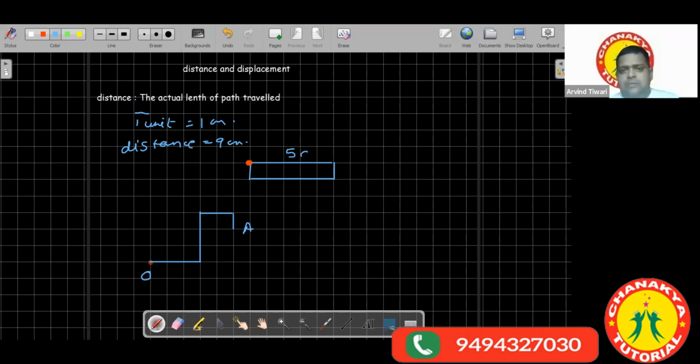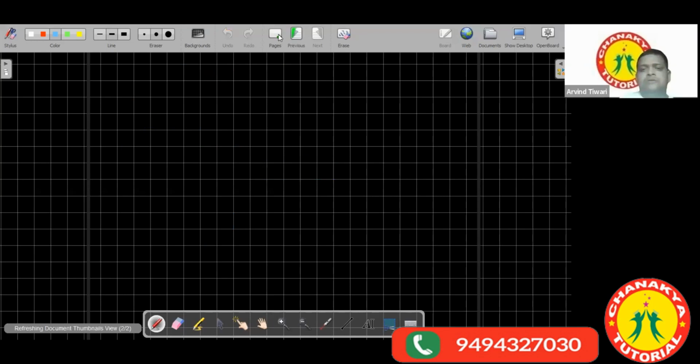We can have a similar example. So let's have another. Suppose I am traveling on a number line. Let's say now I have a number line and let this be the origin.